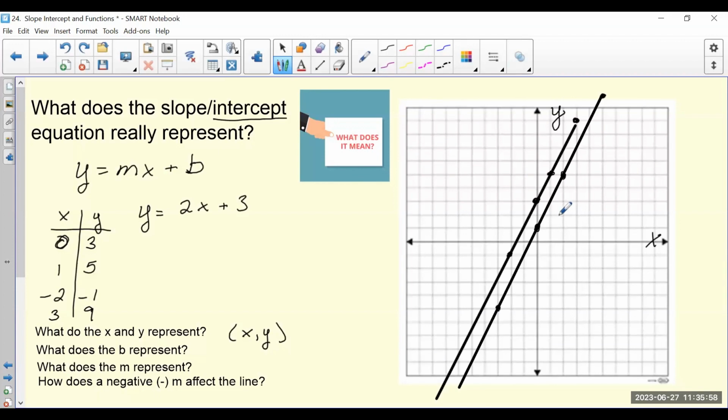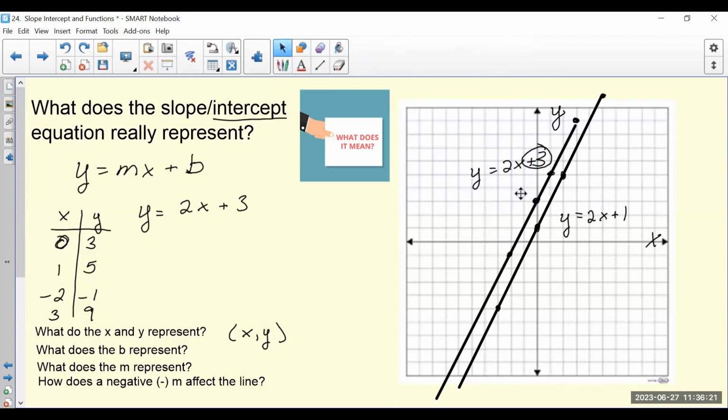Now this was y equals 2x plus 1. And this line is y equals 2x plus 3. It's time to draw a conclusion here. Look at that plus 3. I'm going to change colors here so I can say red line, blue line.